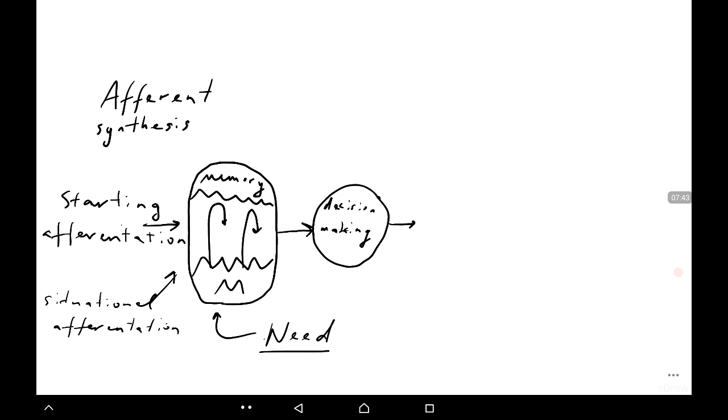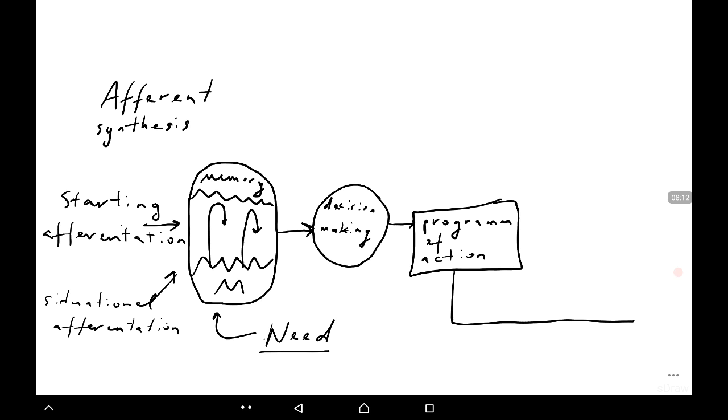Next stage of behavior is the program of action. Program of action. Or the organism is programming the action, and makes an action.